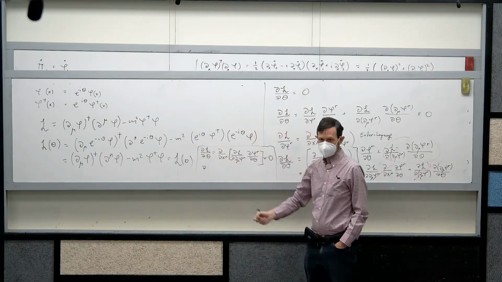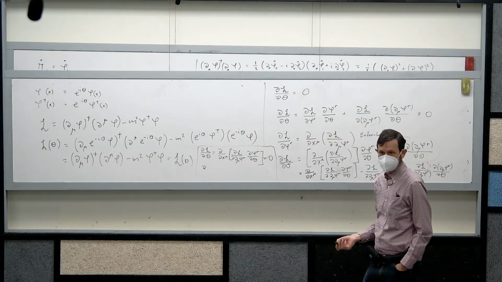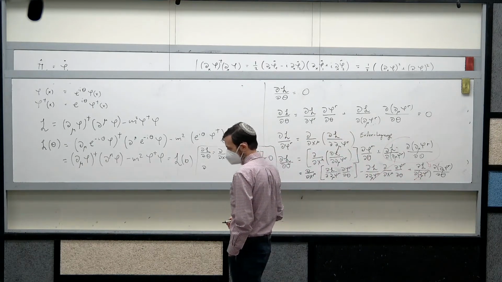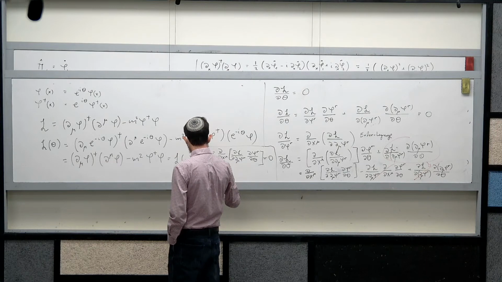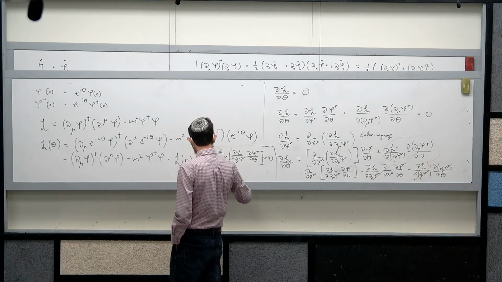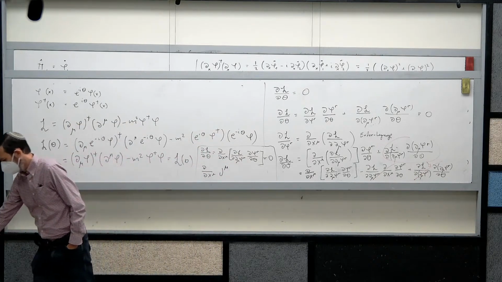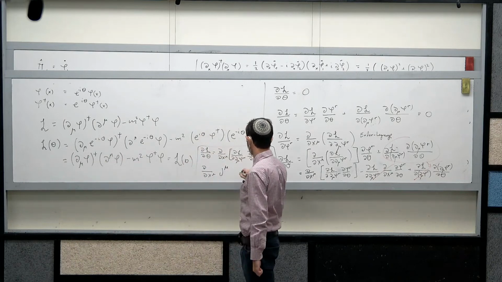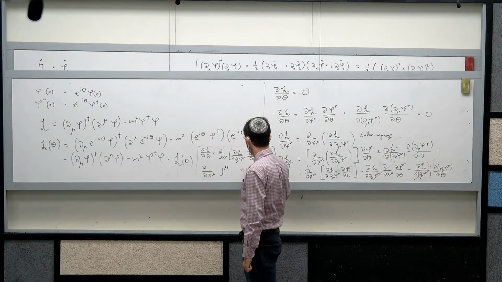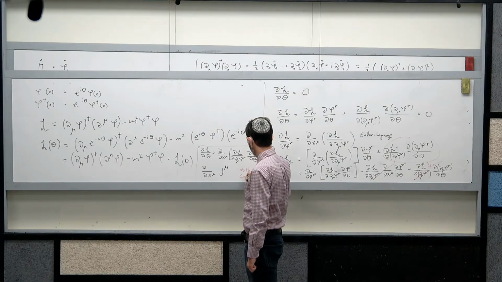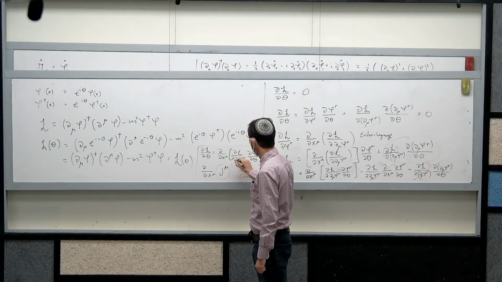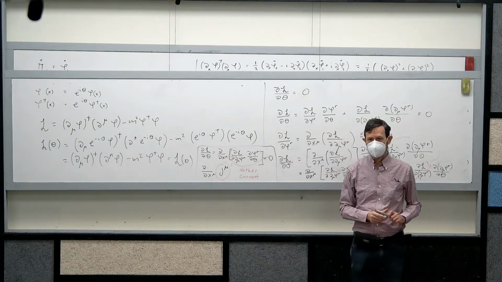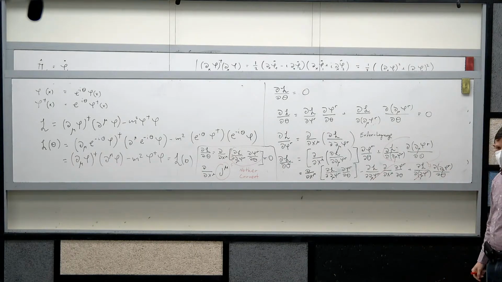This is equal to 0 because it doesn't depend on theta. So I identified here what is another current.